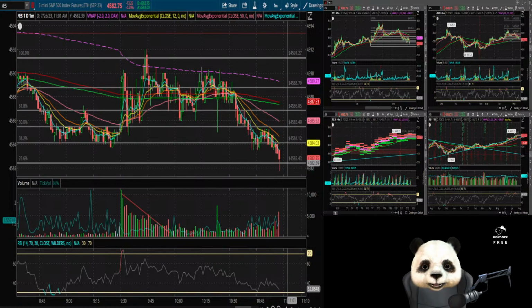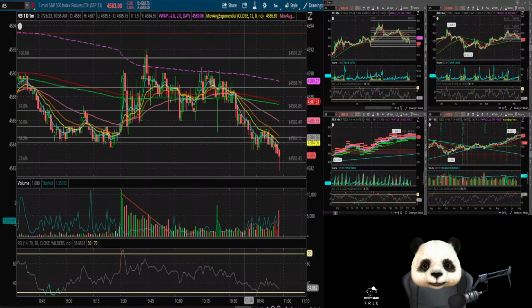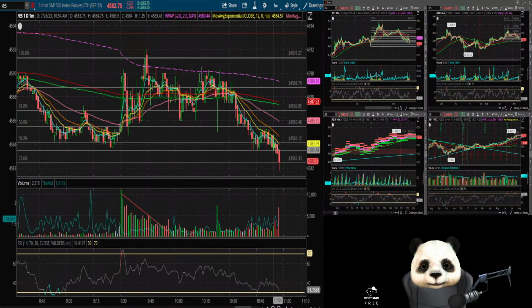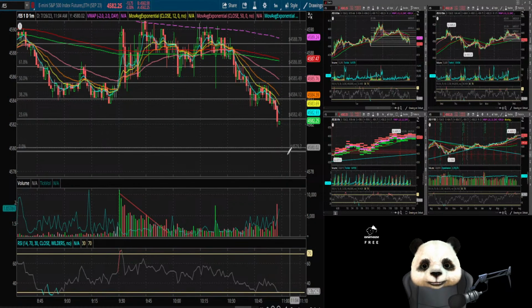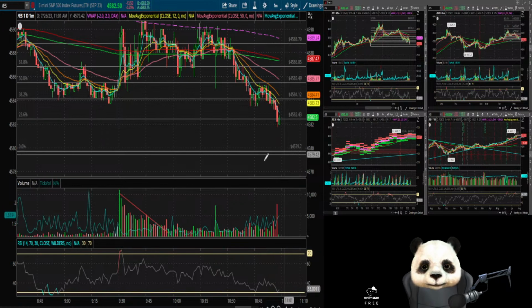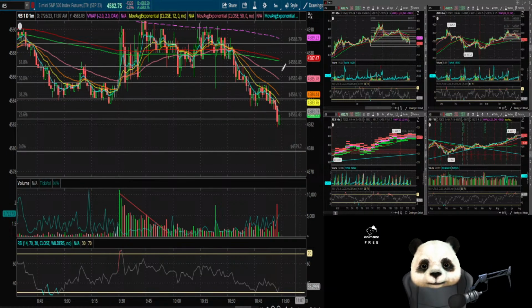Not something to completely rely on, but I like utilizing them as a tool. Let's go down and see what the zero level is, which is where we were yesterday. That would be 45.7975.